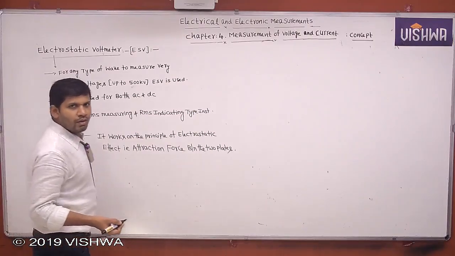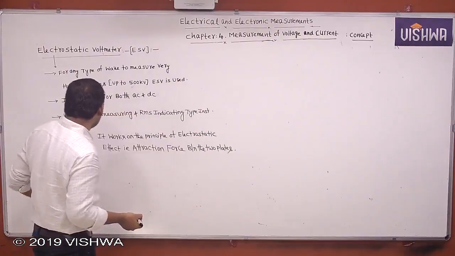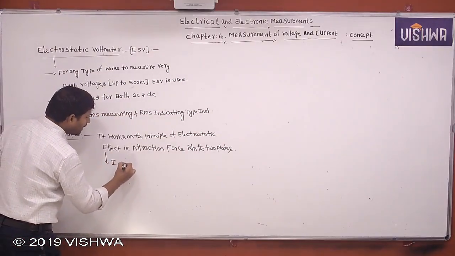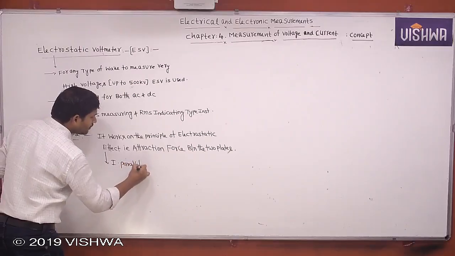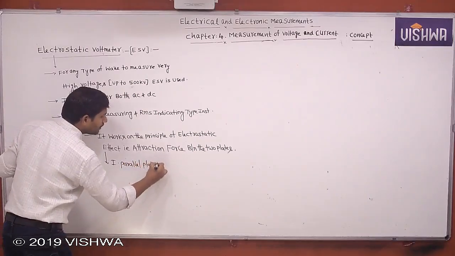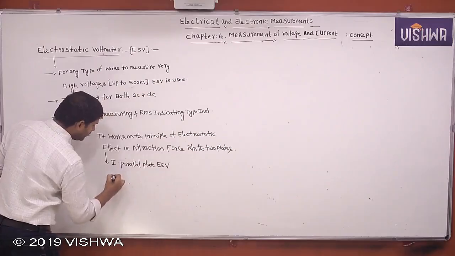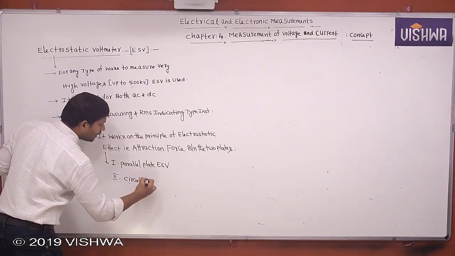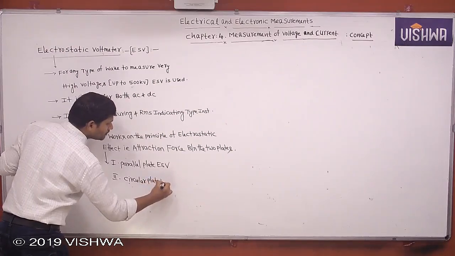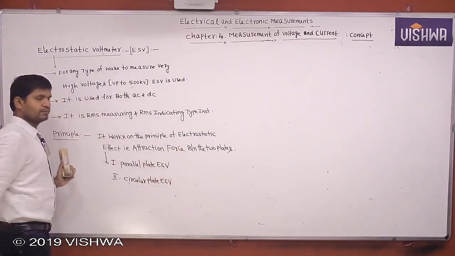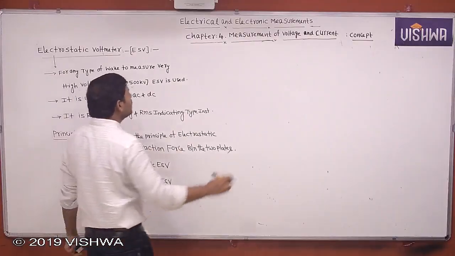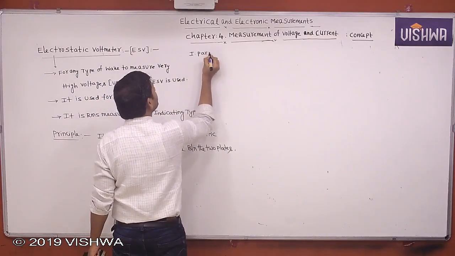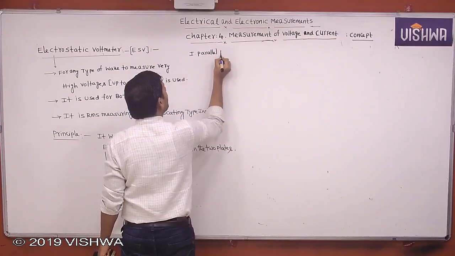These are broadly classified into two types: one is the parallel plate electrostatic voltmeter, and another is the circular plate electrostatic voltmeter.